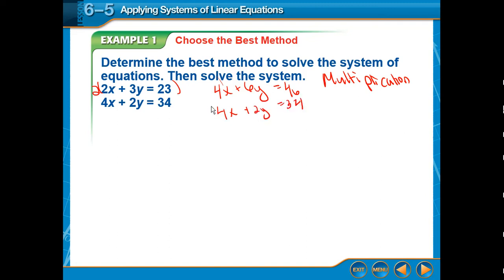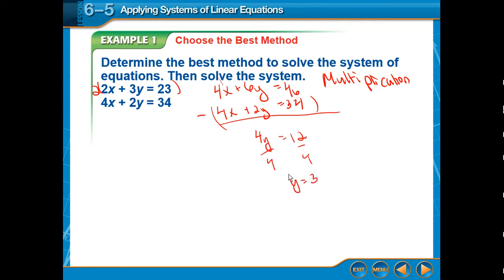So to solve this, I'm going to subtract the second equation from the first one. 4x minus 4x is 0. 6y minus 2y is 4y. And 46 minus 34 is 12. So then to get y by itself, you divide both sides by 4, and you get y equals 3.